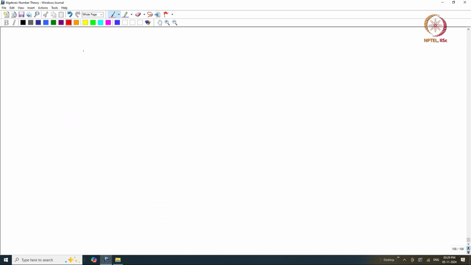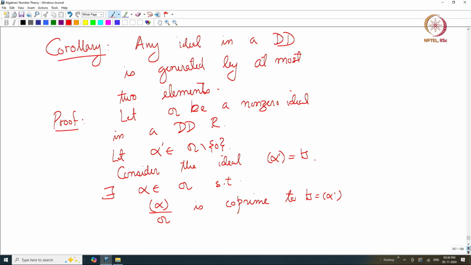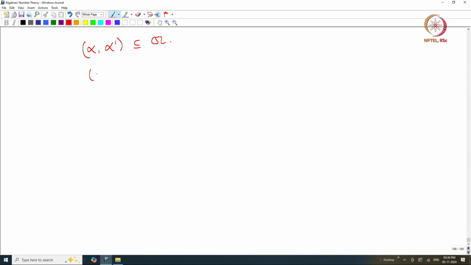And so, now I consider the ideal generated by alpha and alpha prime, this is contained in A, right. But on the other hand, because these two ideals are coprime, alpha R by A plus alpha prime R is equal to R, right.